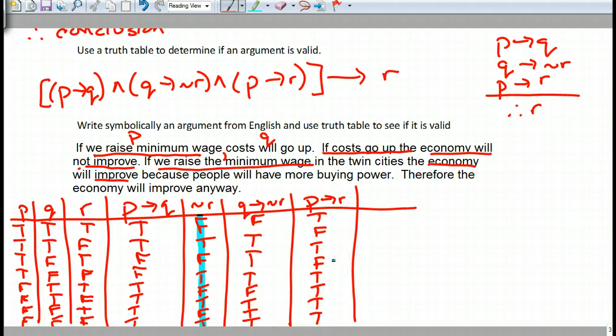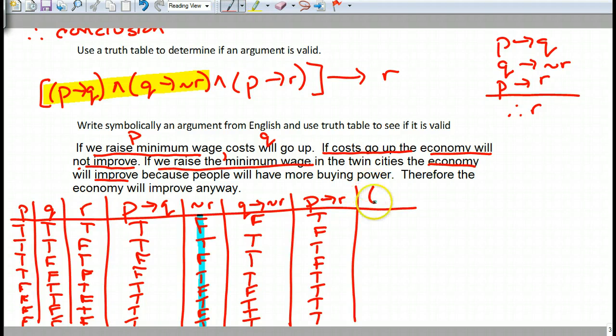Okay. Now what are we going to do? The whole shebang. Well, you could do P then Q, and then Q then not R, or you could just do the whole thing. Let's do these two right here first.